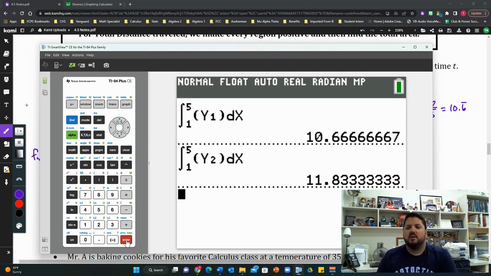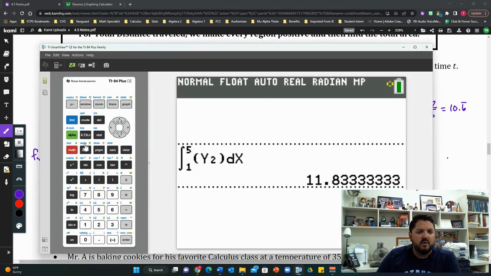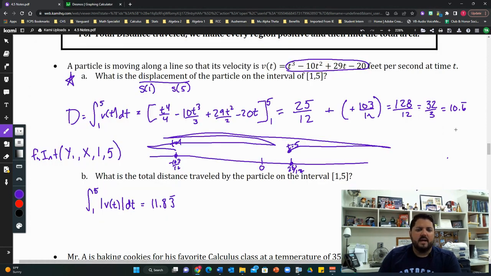So in this case, we end up with a total distance traveled of 11.83 repeated. Or if you want it in fraction form, we can go math, enter, enter, and we get 71/6, okay? So that is the idea.